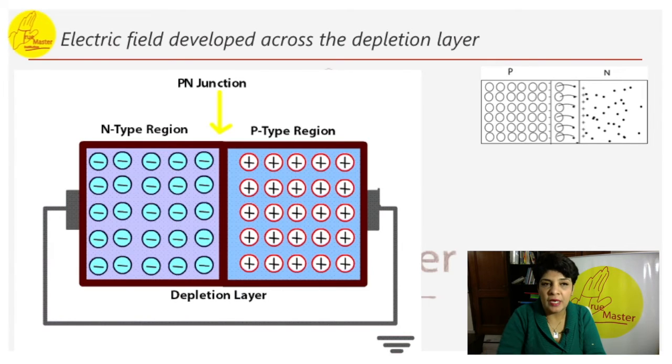The moment they are put together as neighbors, holes begin to diffuse from P to N, and electrons begin to diffuse from N to P in the center.